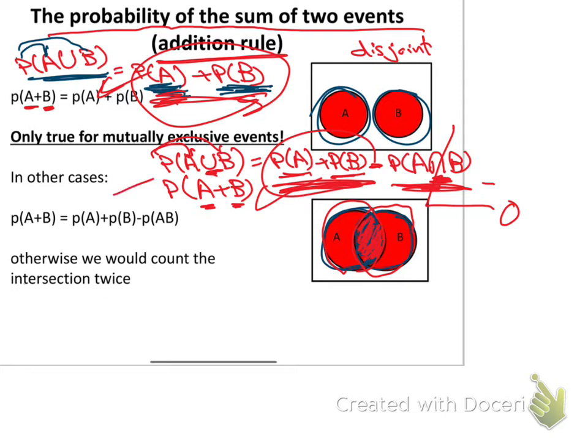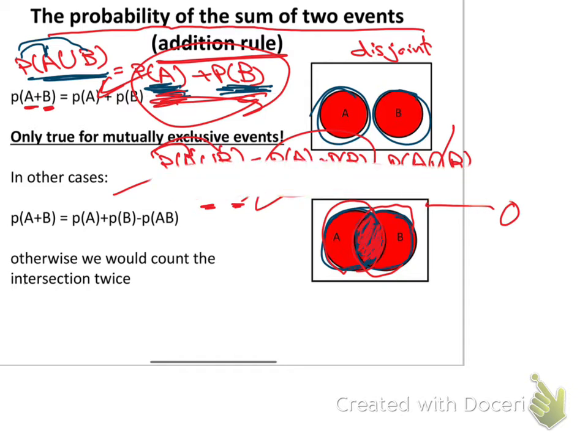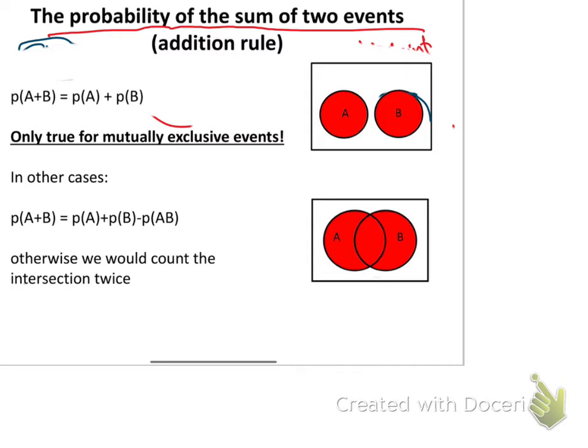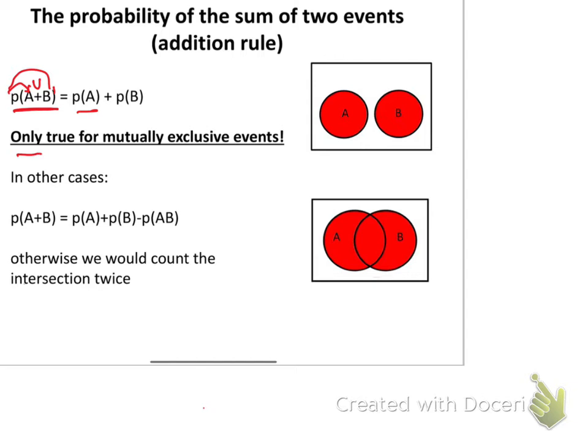So let us come here and read what is written. Let us clear this one so we can go through it again on a clear page. Here it is written probability of A plus B. We said A plus B means A union B, which equals the probability of A plus the probability of B, only true for mutually exclusive events.